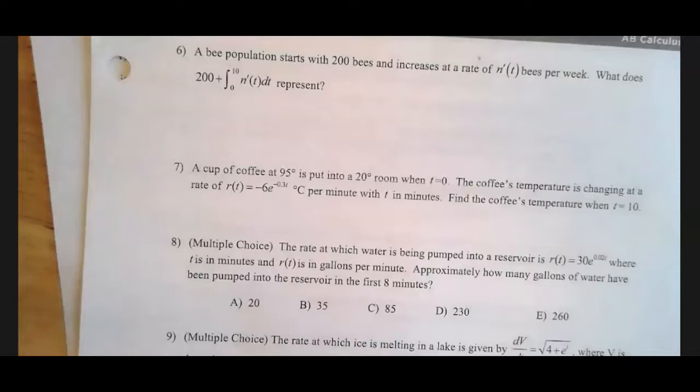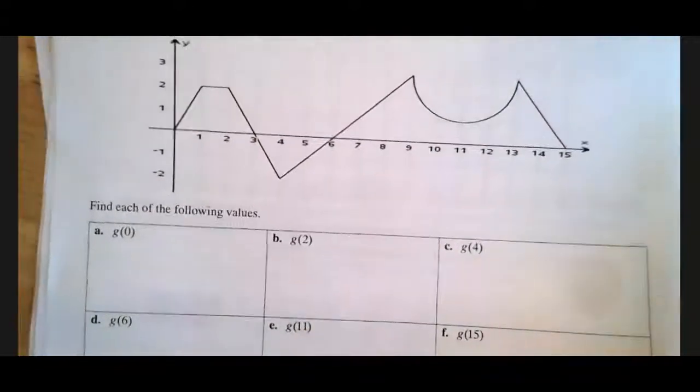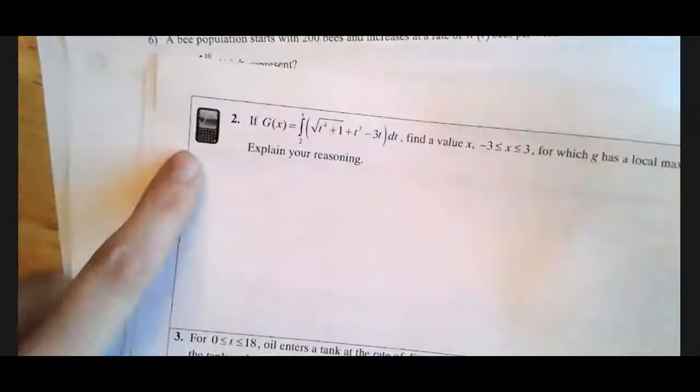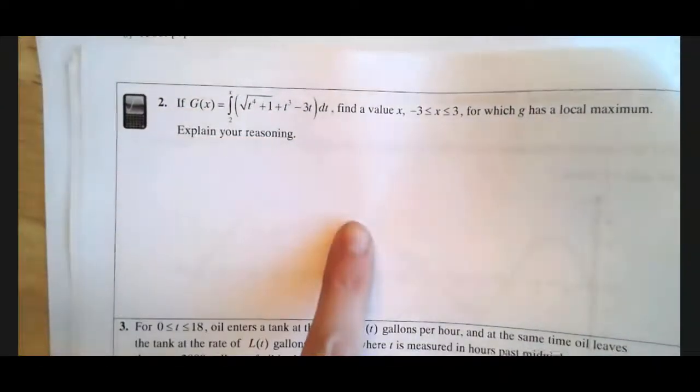So you're working on the rest of this packet as well. We already did the front page and went over all of that. You're going to pick up in here, and if it has the calculator symbol next to it, use your calculator.